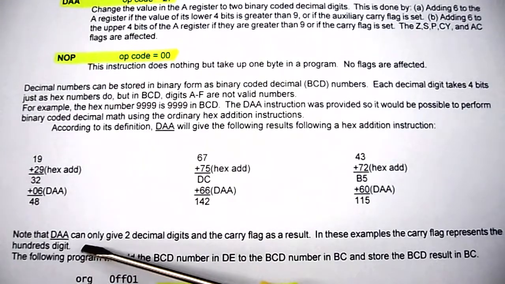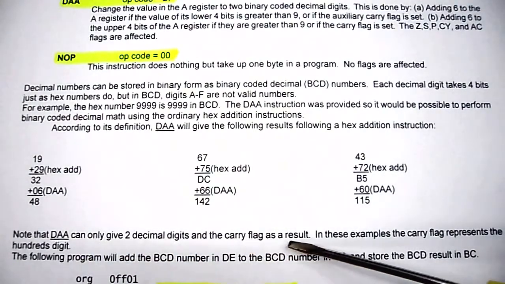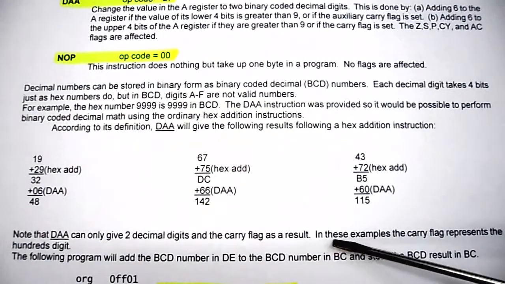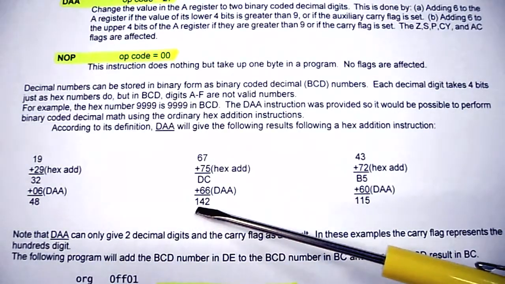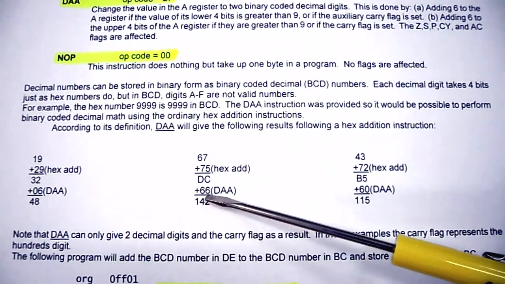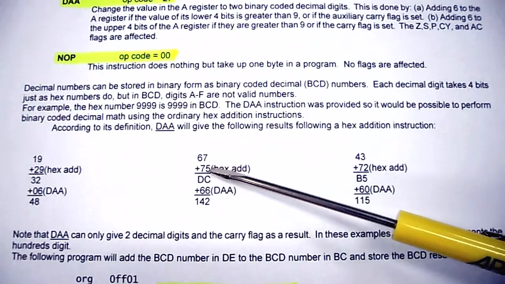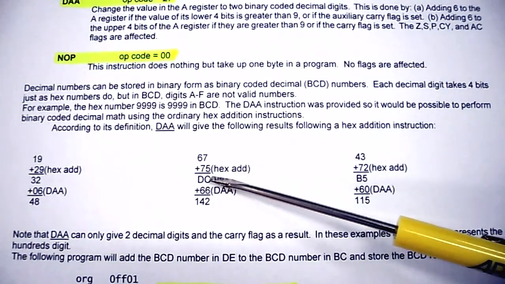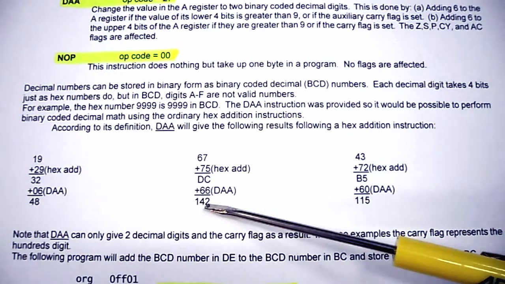It says, note that the DAA can only give 2 decimal digits and the carry flag as a result. In these examples, the carry flag represents the 100s digit. So here we have 142. That is a decimal number because we've adjusted it after the hexadecimal math. So it has to do the hexadecimal math first, and then the DAA command will convert it back to binary coded decimal.